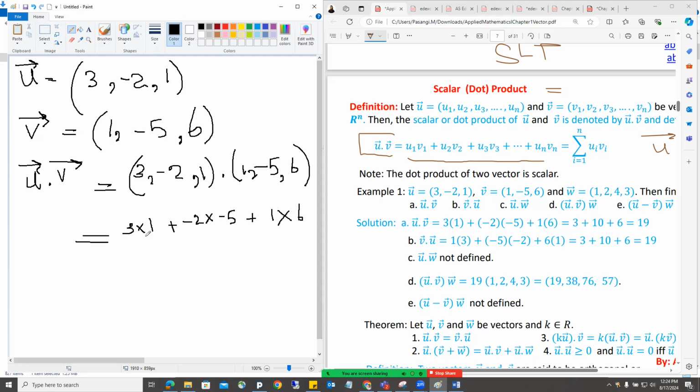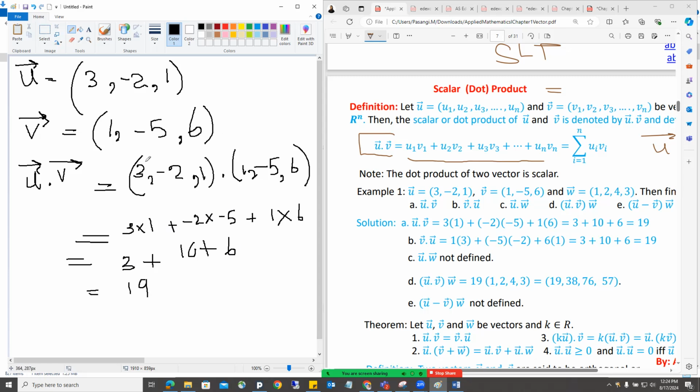So now the dot product will be 3 plus 10 plus 6, that is 19.